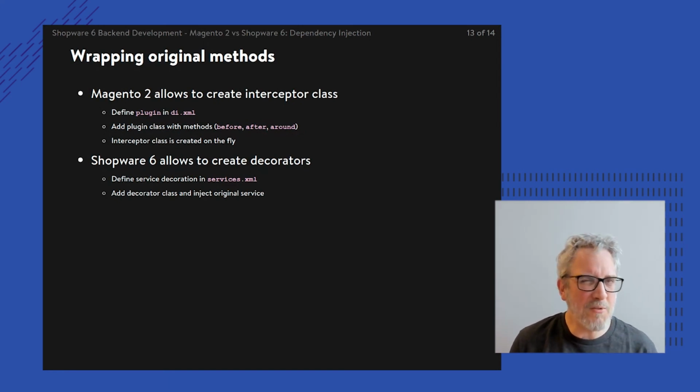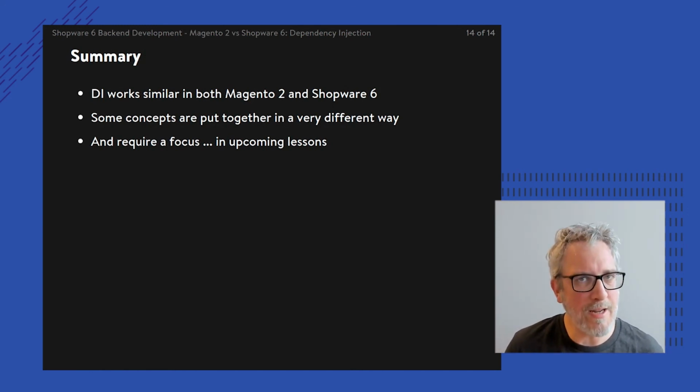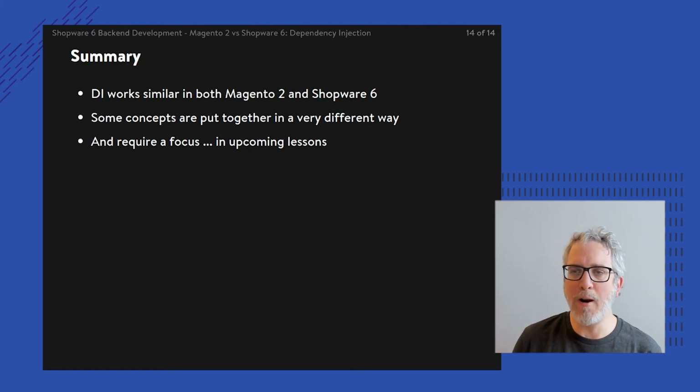So hopefully it's shaping up a bigger picture. We've just gone through all of the different dependency injection configurations of Magento, and we've seen that there's similar or almost identical behavior in Shopware, depending upon which configuration we're talking about.